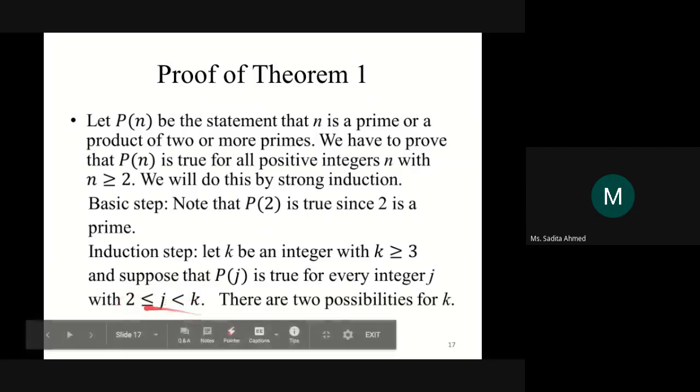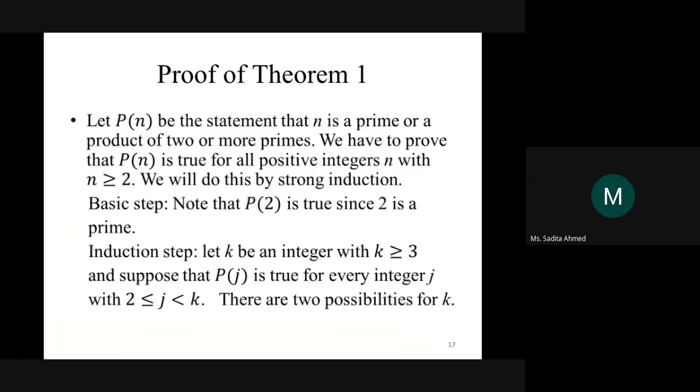And based on this assumption, we have to prove that the statement must be true for the next integer, which is k. Whatever the value of k is, the statement will be true for all integers until before k. That is, starting from 2 until k minus 1, for all these integers, the statement will be true. Based on that assumption, we have to prove that the statement is true for k, whatever the value of k is. Now, in order to prove that P(k) is true, think about the possibilities of the number k.